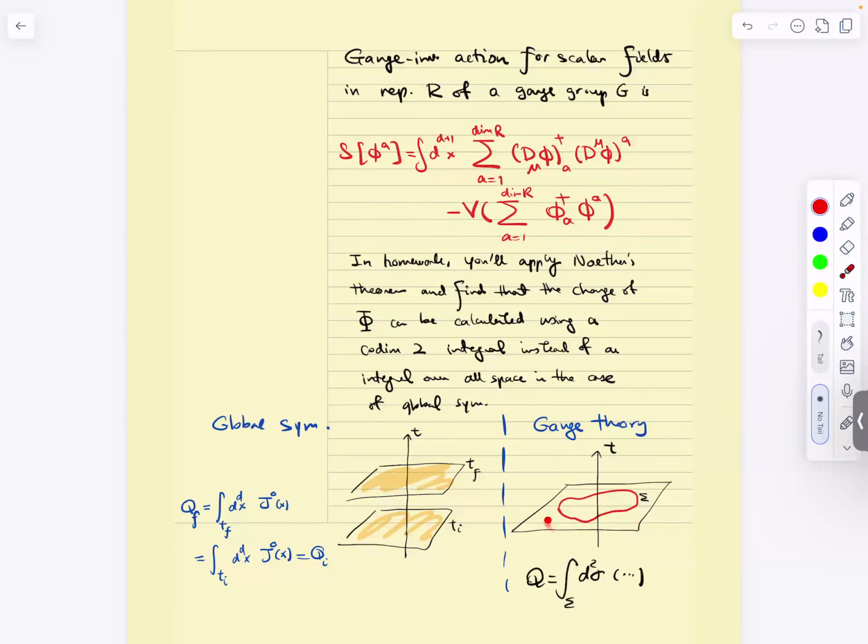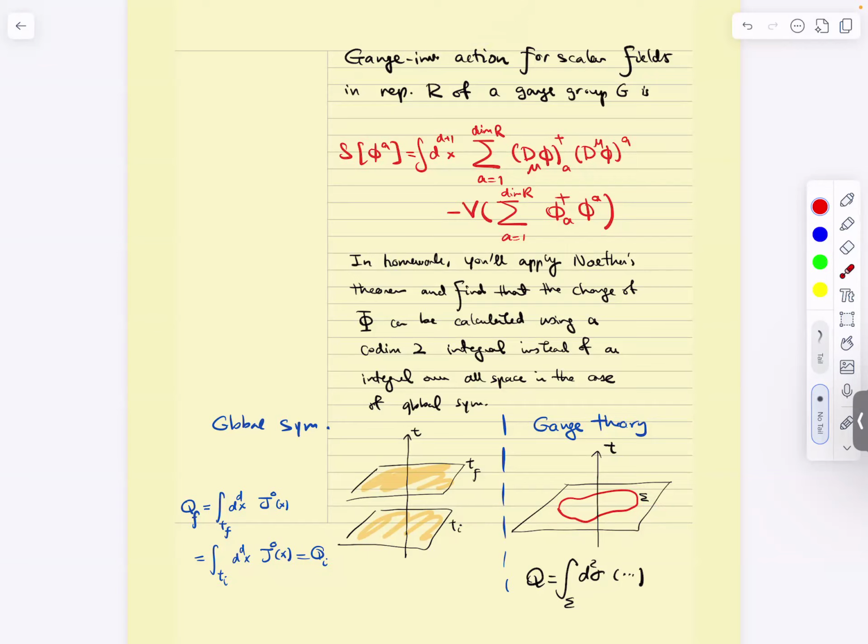In the case of gauge theory, you integrate over a codimension 2 thing to get a charge. Electric charge. What is electric charge? When they were teaching you electric charge, they didn't talk about time. They said put the charge here. You integrate the electric field on a sphere. That's a 2-dimensional object in 4 dimensions, right? That has to do with p-form symmetry.